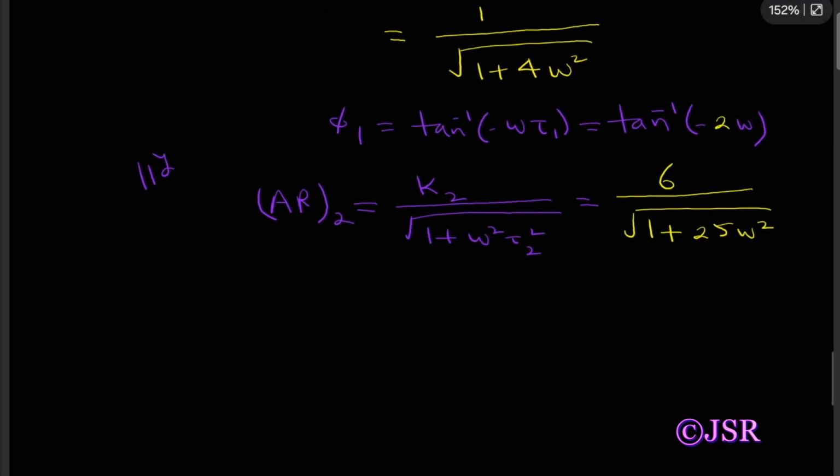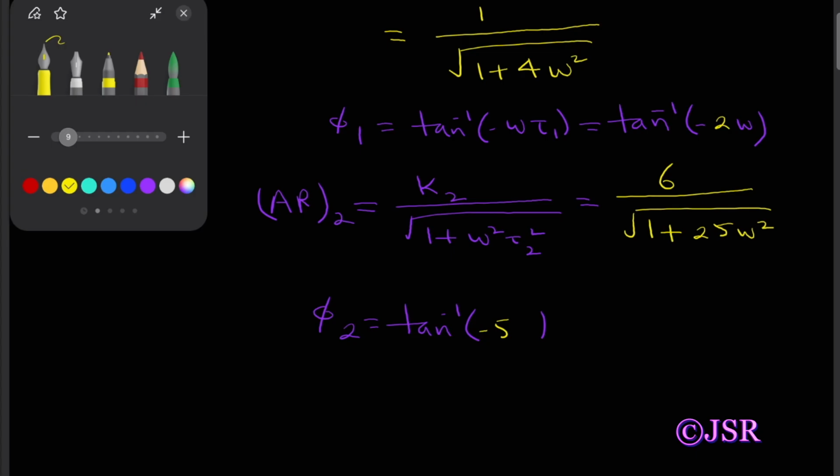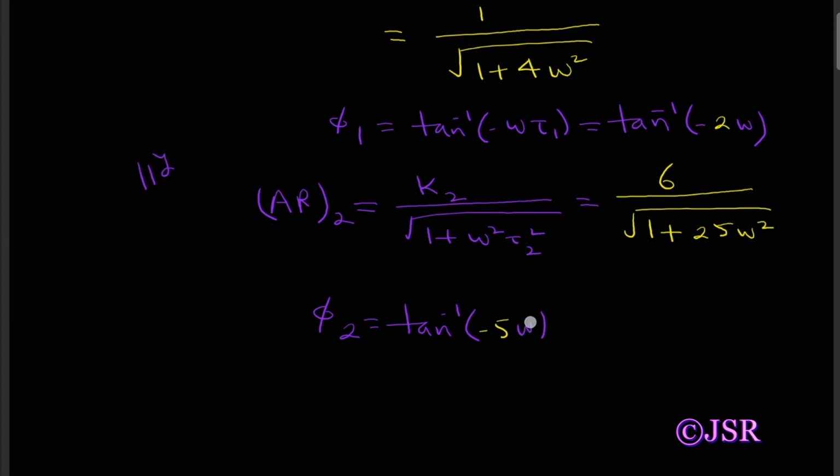So this will be the expression for AR2. Now we can finally write the expression for phi 2, and that will be tan inverse of minus omega tau 2, and tau 2 is 5, so we will have tan inverse minus 5 omega.